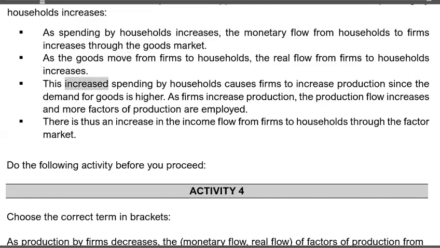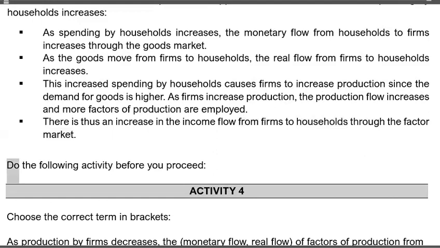This increased spending by households causes firms to increase production since the demand for goods is higher. As firms increase production, the production flow increases and more factors of production are employed. There is thus an increase in the income flow from firms to households through the factor market.